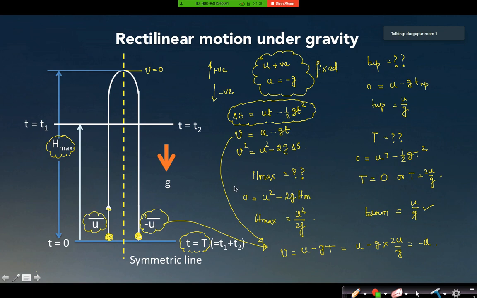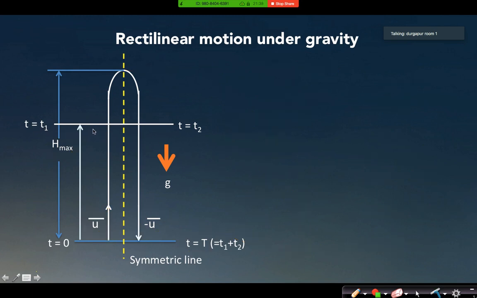Now there is another important thing to understand. When you project a ball upward, the ball reaches a particular height twice. It crosses this height twice, once in its upward journey, once in its downward journey. Yes or no?